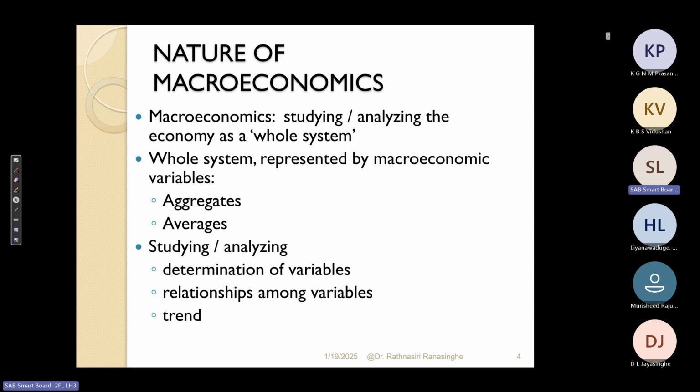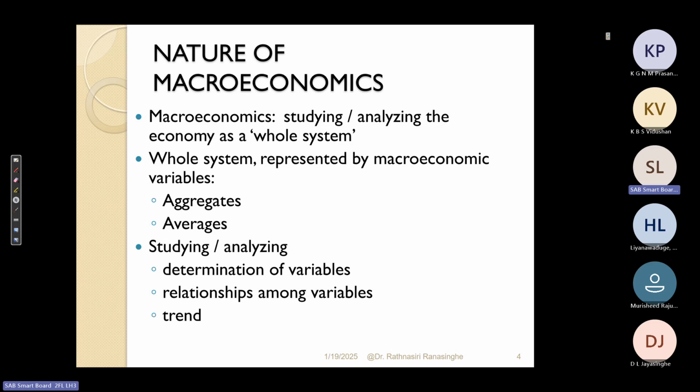Macroeconomic policies are designed to change these macro variables and averages. Because we need to control inflation, we need to use monetary policy, and maybe the exchange rate policy is also affected to some extent. There may be an effect on the other variables as well.